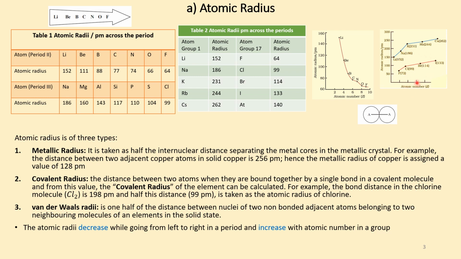Please expand it and refer to the diagrams. If you are not able to see properly, please open your textbook and interpret the graphs. This arrow shows the atomic radius decreases: for lithium it is large and it decreases from left to right.